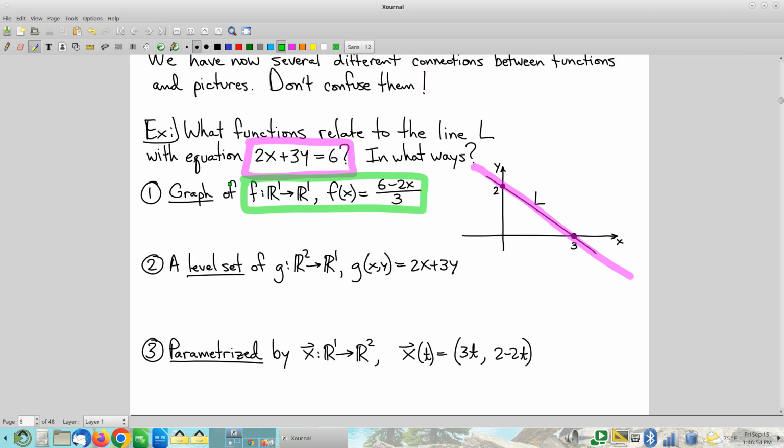Now, how do I know that? Well, because I can talk about how to form the graph of this function. How do we form the graph of a function? We set the values of the function equal to a new variable. This is a function of just x, so I'll call the outputs y. This, then, is the graph of that function.